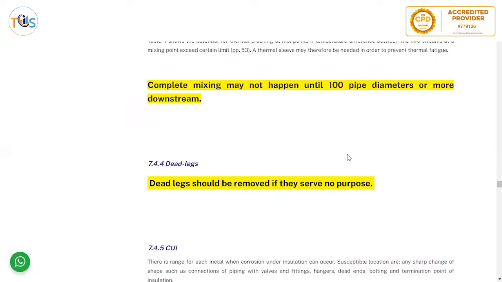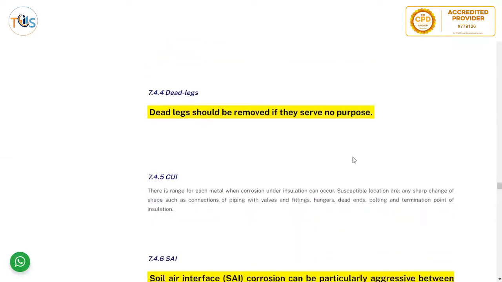A thermal sleeve may therefore be needed to prevent thermal fatigue. Normally, a temperature swing of over 200 degrees Fahrenheit can be treated as thermal fatigue. Complete mixing may not happen until 100 pipe diameters or more downstream of the mixing point.